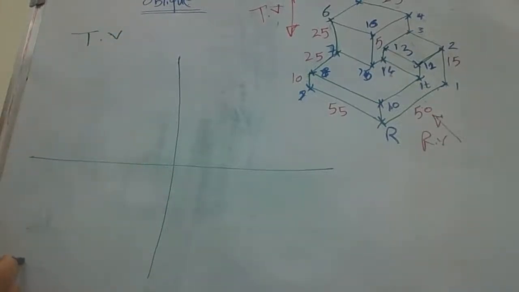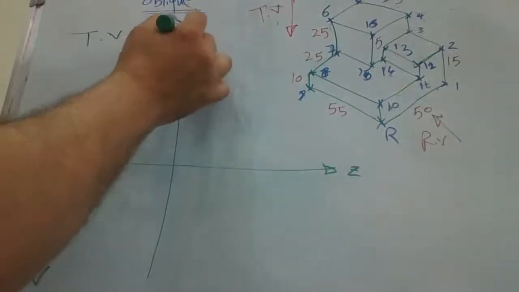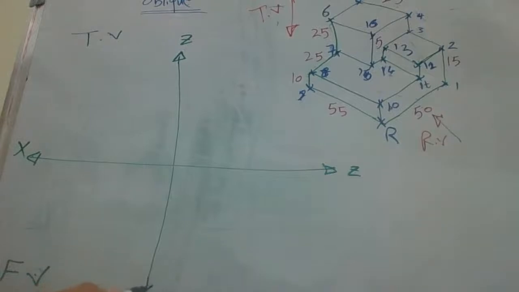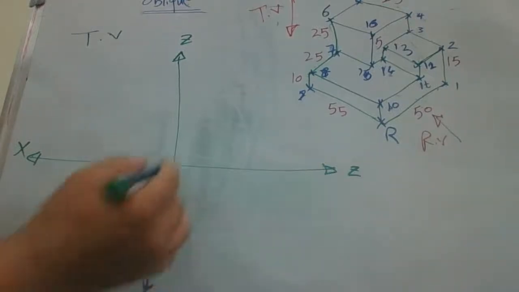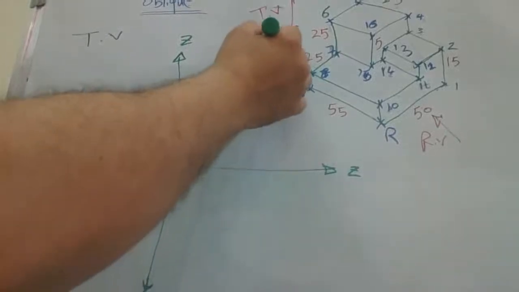This is the front view, and this is the right view. Okay, Z direction, X and Y. Okay, it's the projection line, angle equal.